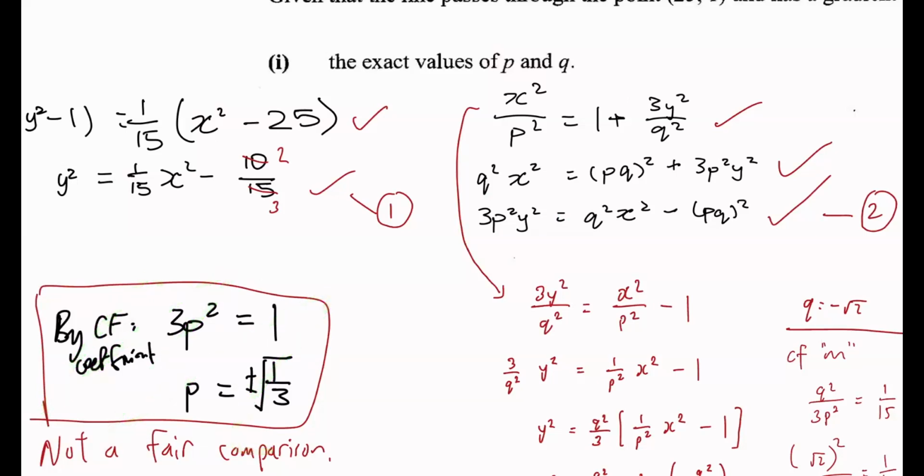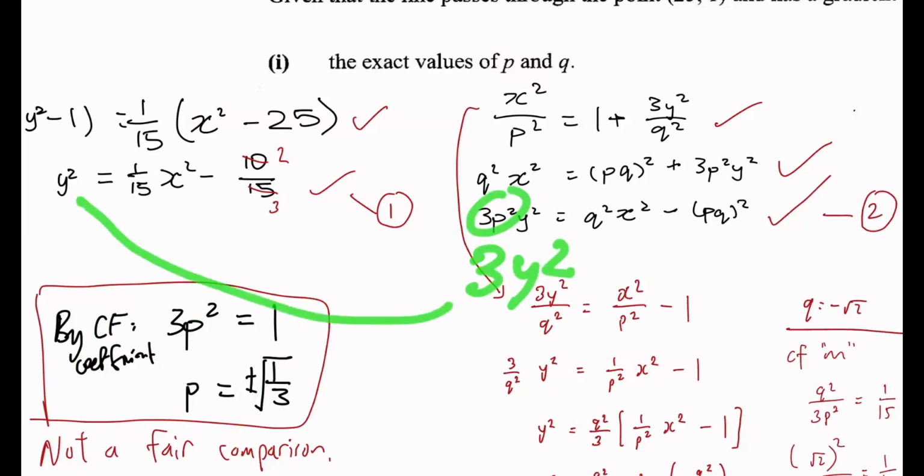Now you're telling me 3y squared is the same as 1y squared. Therefore, 1 equals to 3 by comparing coefficients. Does that make sense? No, right?